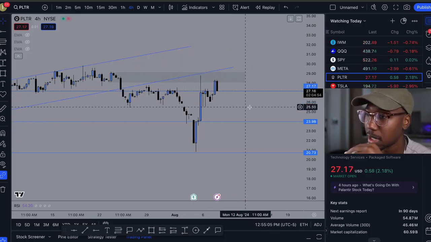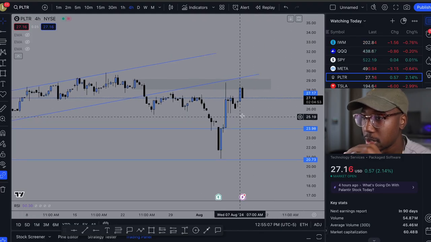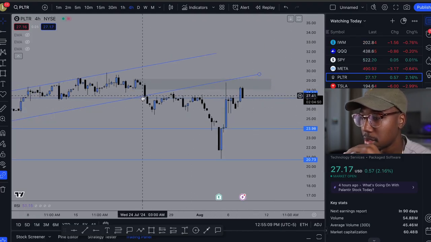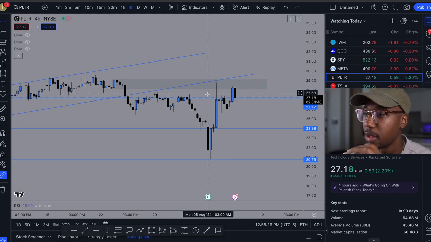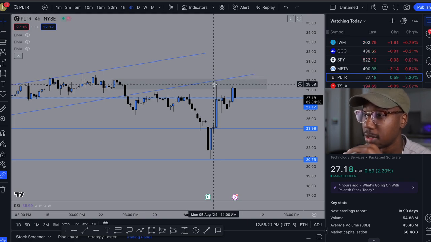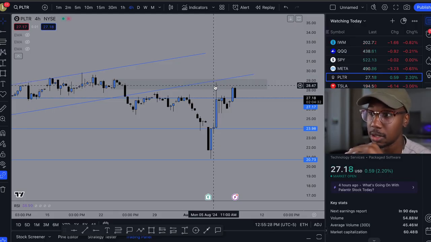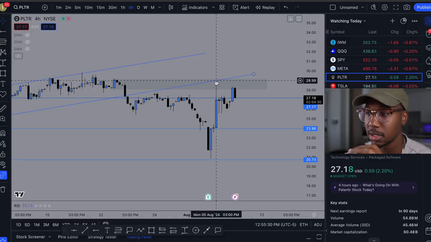So taking a look at it over here, you can see we have this supply zone that we drew. We came up here, sold off once, and once again, we're pretty close to this trend line. So this is what would be known as confluent. You have two factors that work together that would tell you this is probably going to sell off in this area.